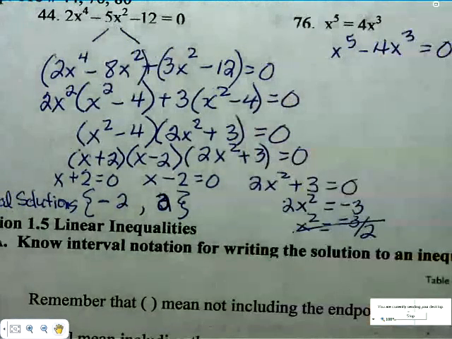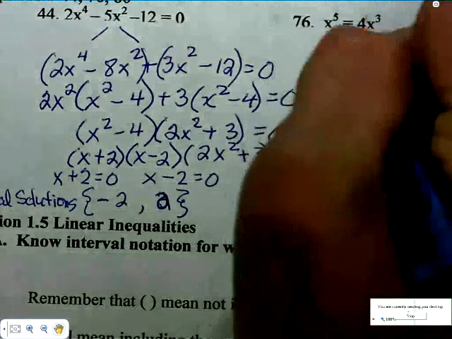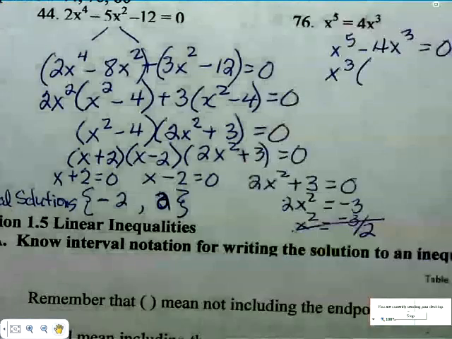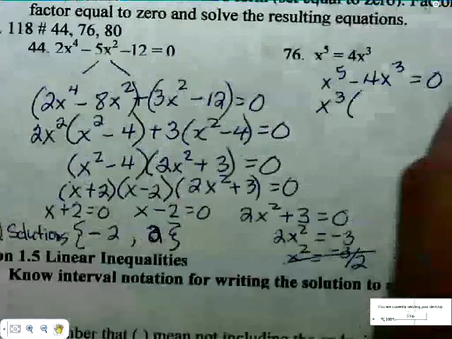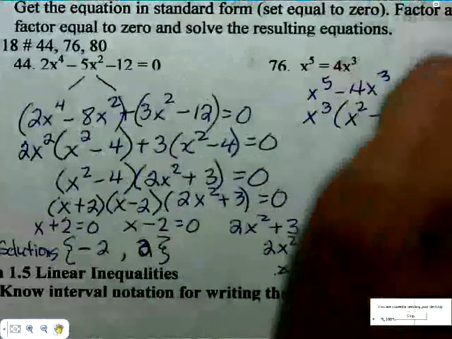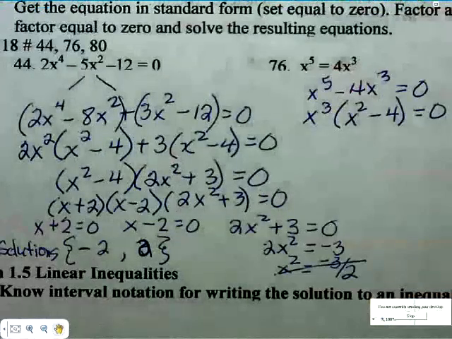And factor it. What can you factor out? An x cubed. And what does that leave you inside the parentheses? X squared minus 4, which just so happens to factor further.